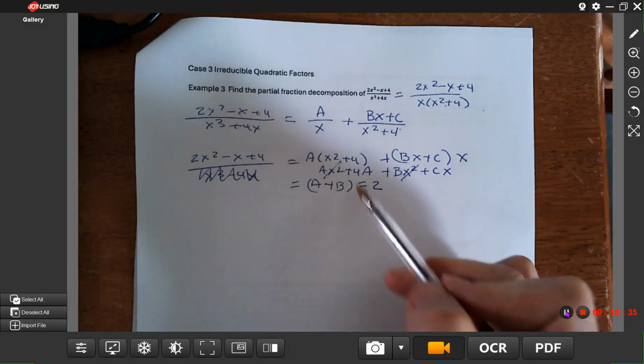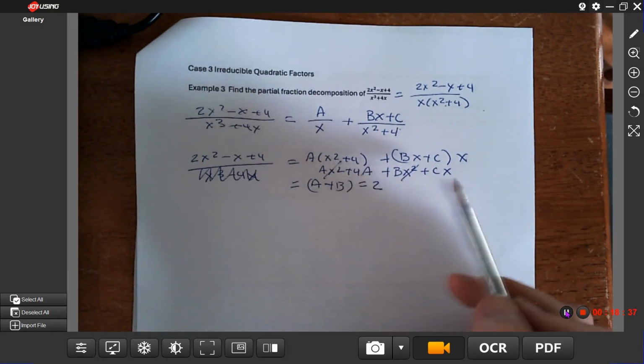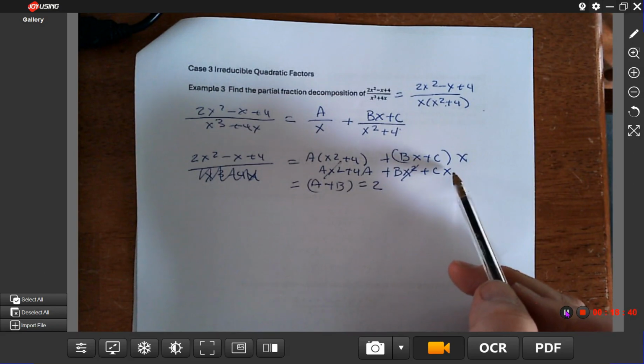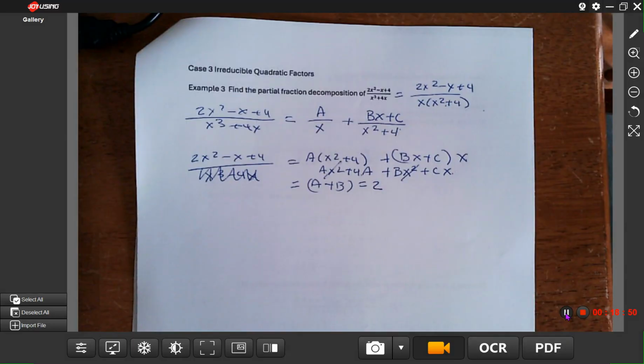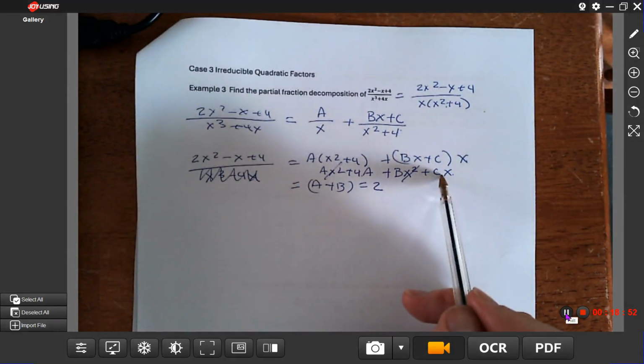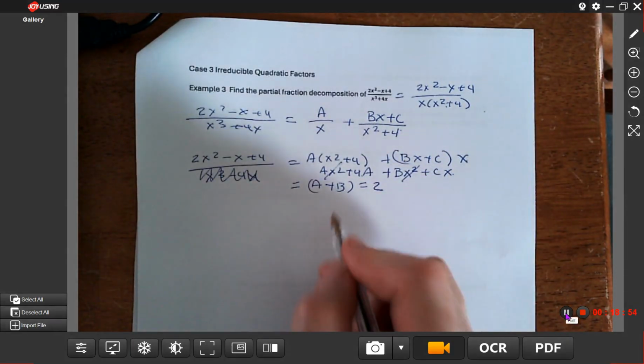And then I'm going to look for my linear terms. That's not linear, that's constant. Sorry, that is linear.